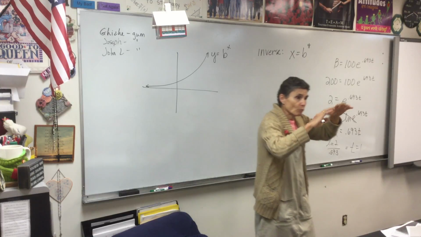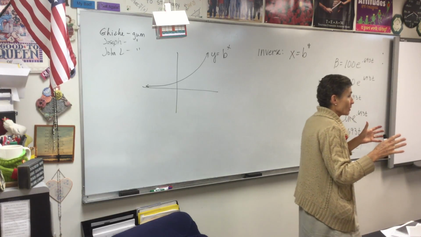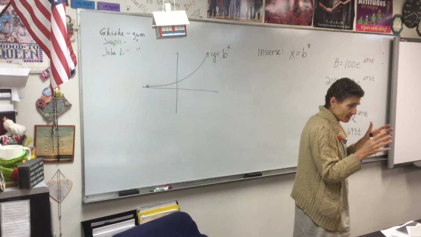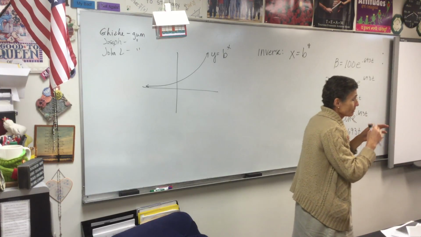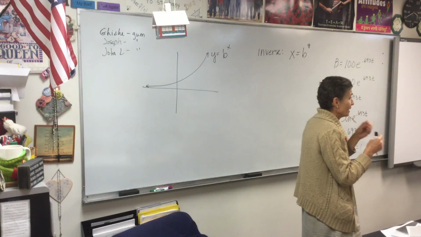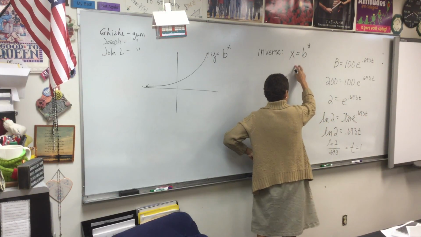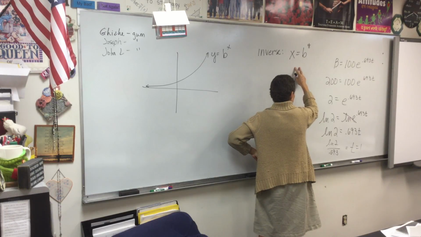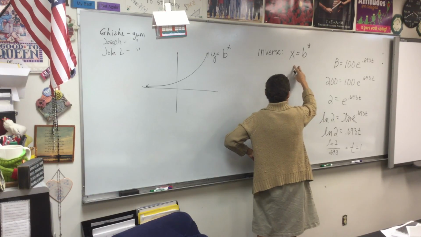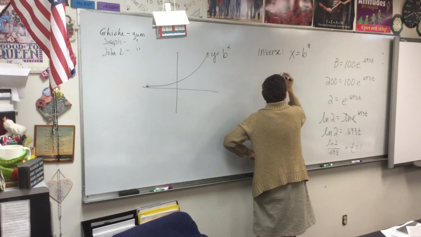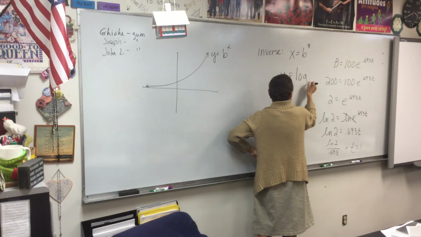So some great mathematicians a long time ago, a man named Napier, said this is problematic. As computers or calculating machines were being developed, he said this is problematic. So he came up with a new notation for this equation. Instead of writing the inverse like this, he wrote it like this.